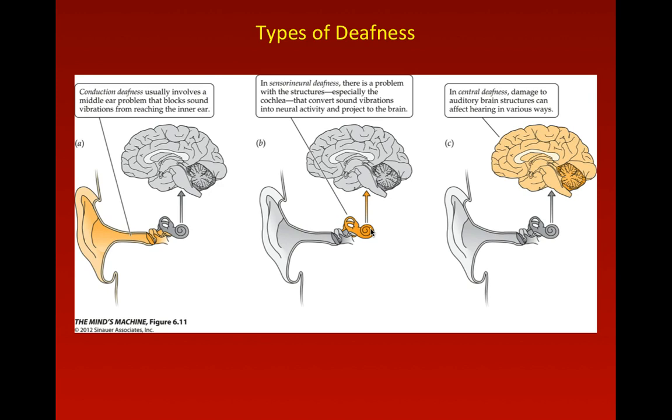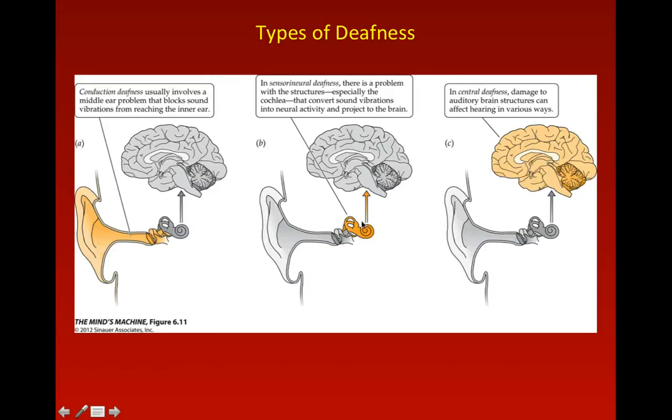There's usually some kind of genetic factor or some kind of environmental factor that has prevented the basilar membrane from developing properly or the hair cells from developing properly. And so literally transduction can't take place. So everything up to the cochlea is happening fine, and everything in the brain would be working fine, but the cochlea itself is not able to transduce the sound stimulus due to a problem with or lack of hair cells.